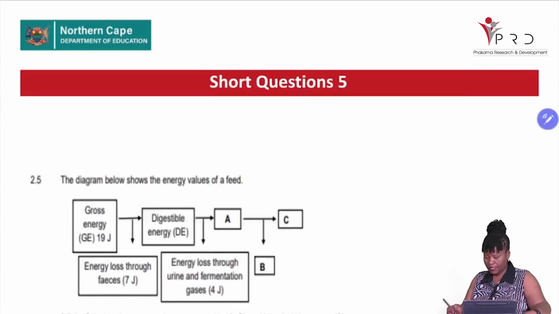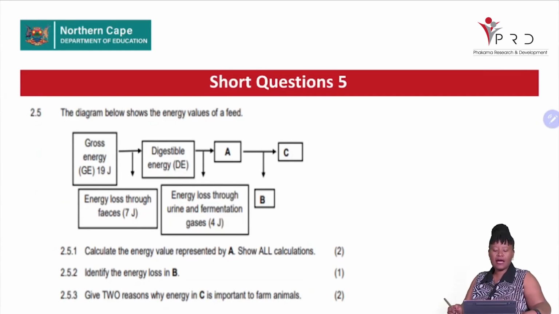We move to the next one. The diagram below shows the energy values of a feed. And if you check the mark allocation, it varies from 5 to 8 marks. Okay. The gross energy, which is 19 joules, has lost energy through feces. Digestible energy has lost energy through urine and fermentation gases in order to form the A that is not shown.